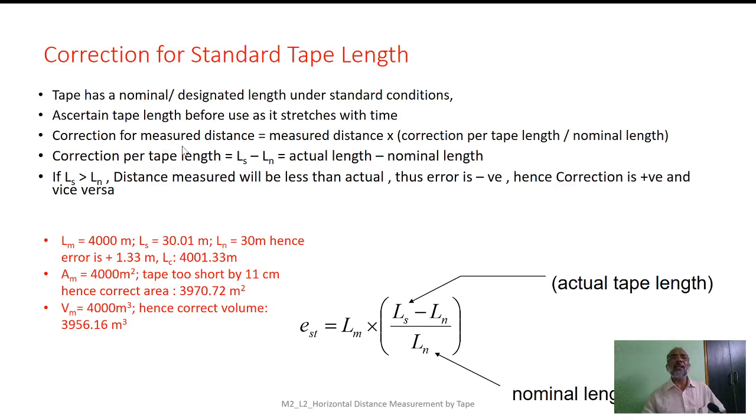If the correction is to be applied for the volume, the correction for volume can be given by the measured volume into the cube of this bracket. Accordingly, you can please check these calculations involved to understand the concept better.